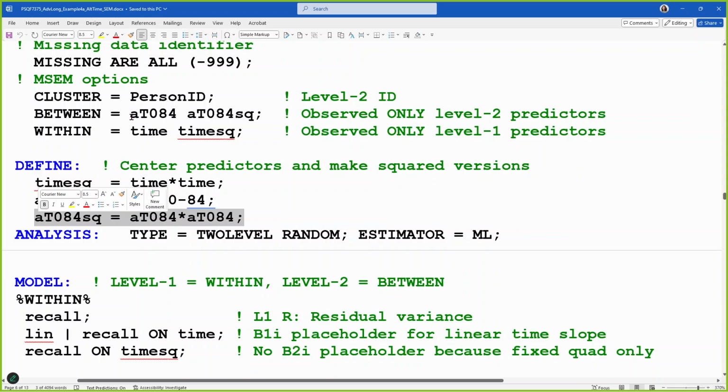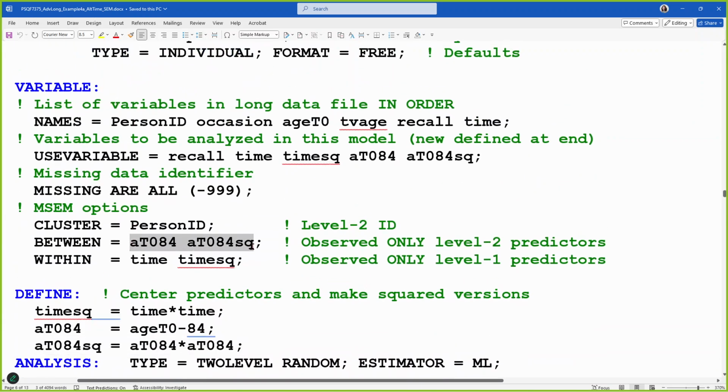Those 2 new variables then go onto the between line. So I'm telling it age at baseline is a level 2 time-invariant predictor. Let it exist on the between model only. Don't try to carve it up into level 1 versus level 2. And then I have these 3 new terms included in the used variables, as new variables created by define. Okay, with me so far?